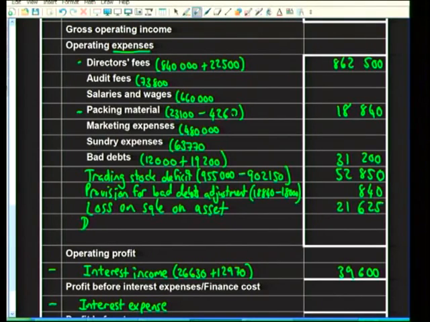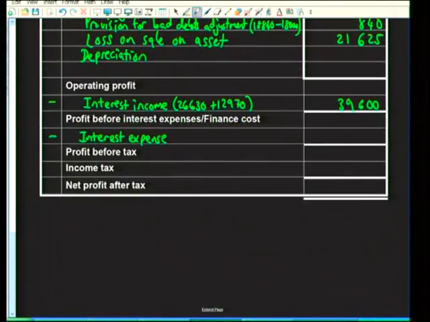But there's another thing that's important when we're dealing with asset disposal. What we always need to record in a financial statement is the total depreciation. And what you need to remember about depreciation is that there are always different aspects. You need to calculate it on sold assets, you need to calculate it on old assets, and you need to calculate it on new assets. So with these three, sold and old and new, we have to make sure that we do the calculation for depreciation. However, when you have done an asset disposal anywhere in the question, you've already calculated the depreciation on the sold asset.